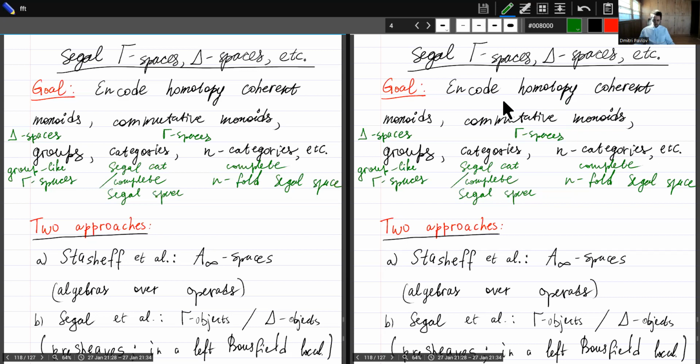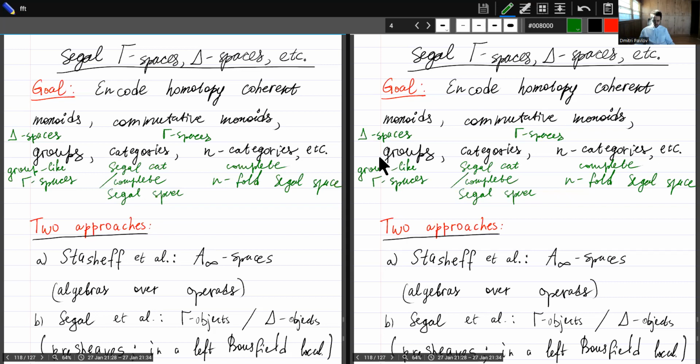For example, maybe we want to encode an ordinary monoid, but in the category of spaces, and which is associative and unital not in a strict way, but perhaps in some homotopy coherent way. Or perhaps we could do the same, but with a commutative monoid. So these will be encoded respectively by delta spaces and gamma spaces.